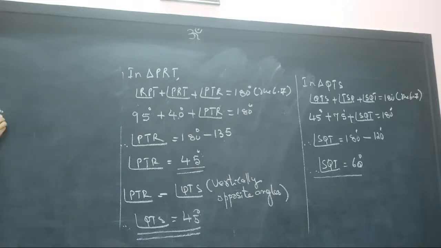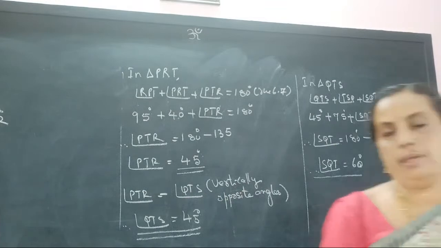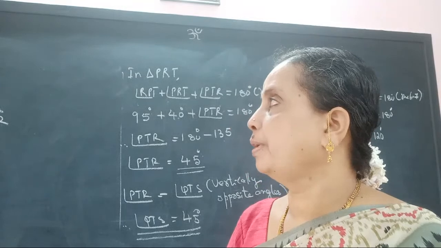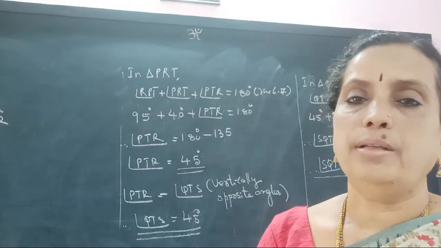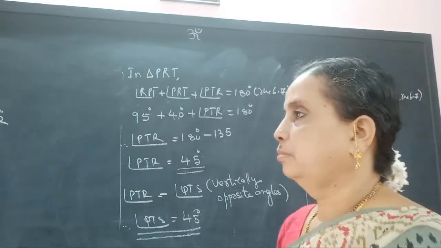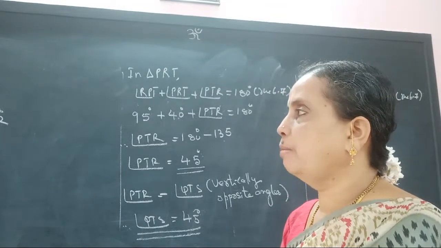T, Q, R, P, S. We have to find out angle PRQ. Either you can use the linear pair angle sum property or you can use the exterior angle property. Can anybody give the answer? What is the measure of angle PRQ?